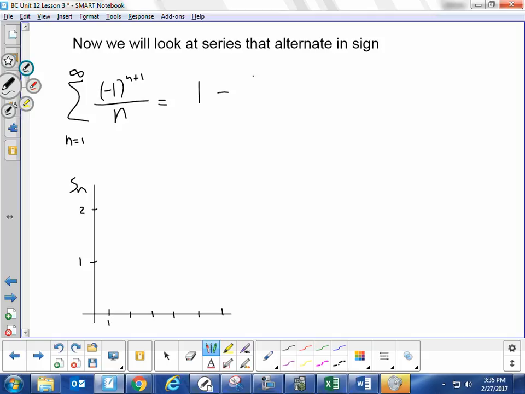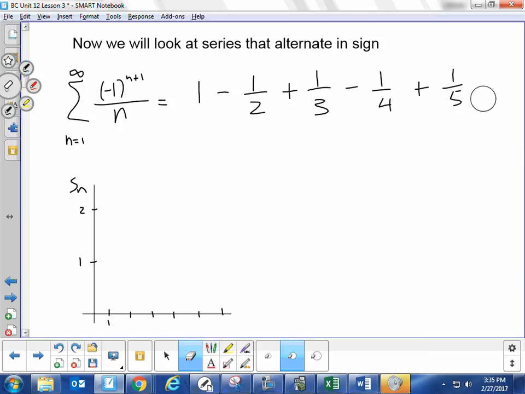So it'd be -1/2, so I'd be subtracting a half. I plug in 3, it goes back to being (-1) to an even power, the 4th power. So then all of a sudden it changes signs back to being +1/3. And then it'd be -1/4, then +1/5, et cetera, et cetera.